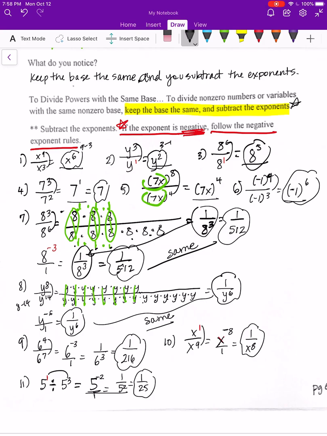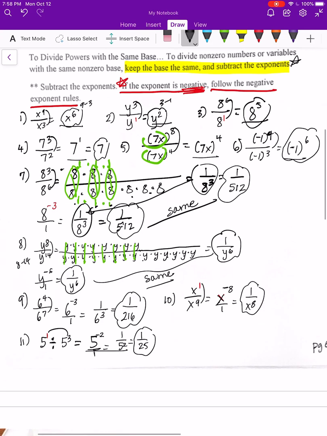All right. So now I have another little thing that I want you to do. It kind of takes it up a notch, makes it a little more difficult. Find the missing base and power. For that, I'm looking at something like number 12. What if I have 8 to the 7th over blank equals 8 to the 5th?